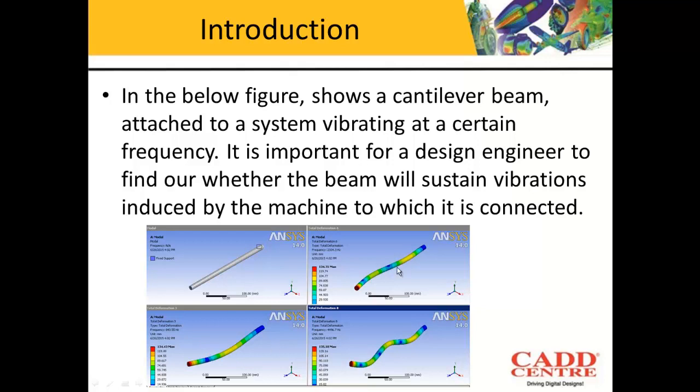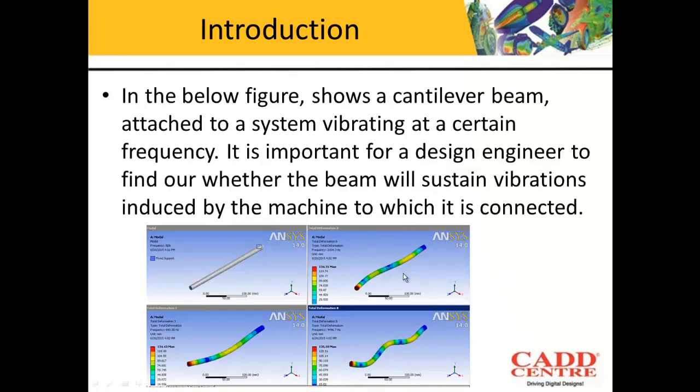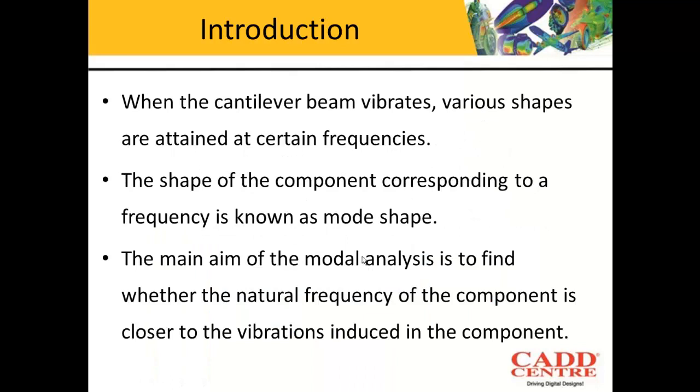Second vibration, this is the shape achieved. So this is what we will understand from the modal analysis. The shape of the component corresponding to every frequency is known as a mode shape. So when I say that this is a mode shape that we've achieved, you should understand the meaning of a mode shape. The shape of the component corresponding to a frequency is known as a mode shape.